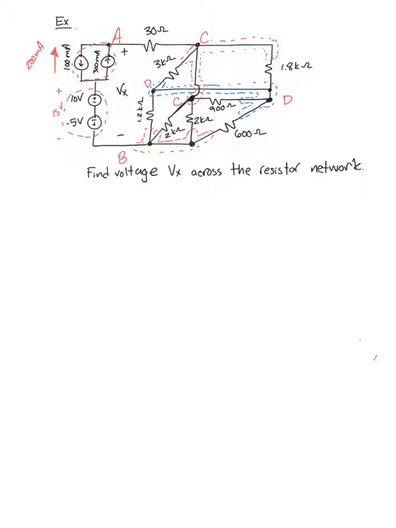Okay, so let's redraw the equivalent resistance seen from A to B. I like to use the method I showed in the last video. If you identify things in series or parallel, you could use the method of erasing those values on your chart, if you do it in pencil or whatever, and replacing those parallel resistors with equivalent resistance and the series resistors with an equivalent resistance, and continue to do that until you reduce it down.